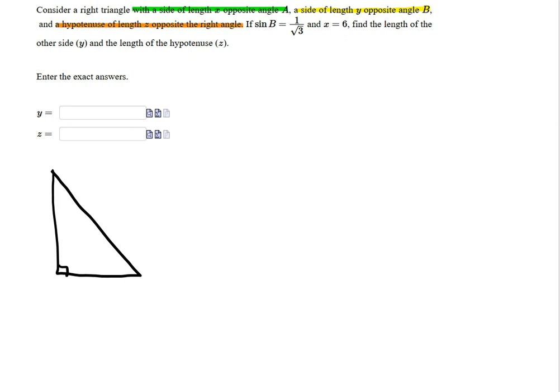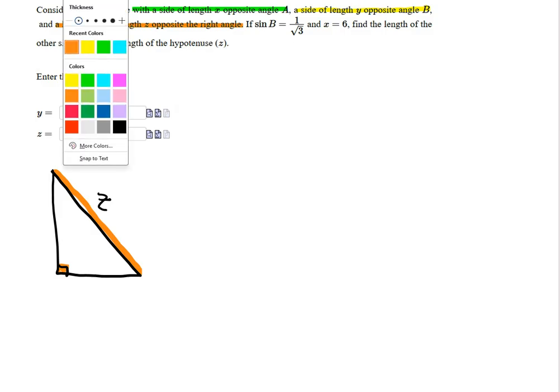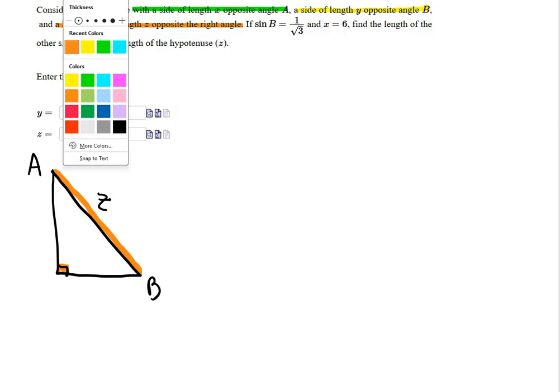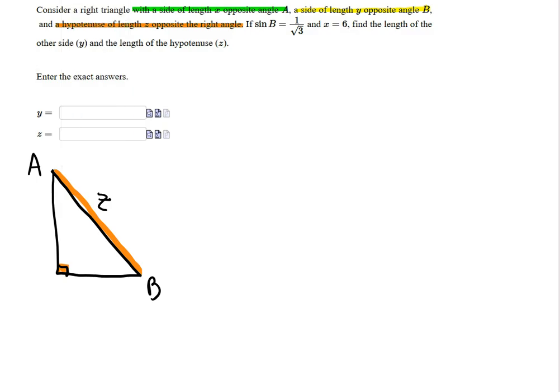Okay, so this is the right angle here, and this is the side opposite that. So that is z. And then we've got two other angles, one of them's A and one of them's B. Going with angle A in the green, here's angle A. The side opposite it would be this side over here, and that is x.